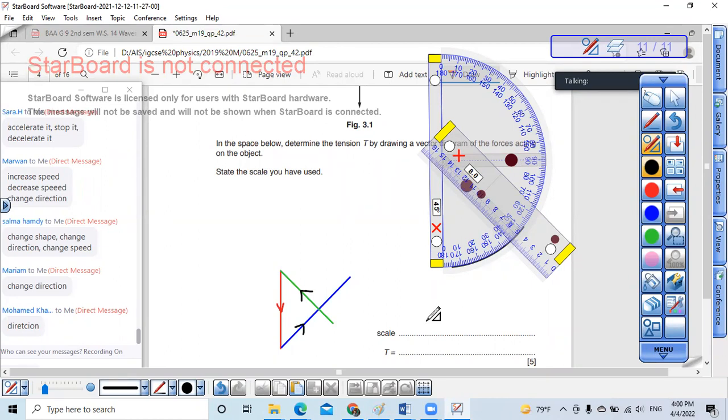So what's the scale that I put here? Who can remind me? Yes, each 1 centimeter is equal to 100 Newton. I'm sorry for my drawing here, it's not that accurate.